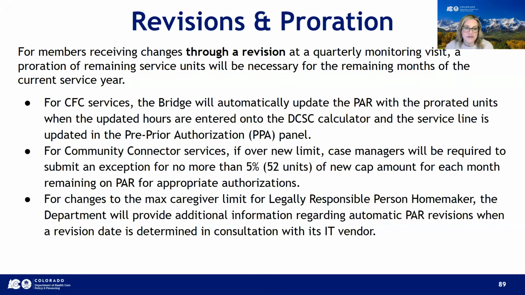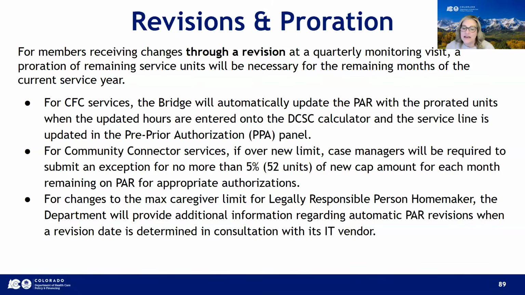All right, so revisions and proration, we've talked a few times about this. So I'm not going to go in too deep with examples, but you need to remember that there is this proration. So when you're entering into the PAR in the bridge for CFC services, it's going to be calculating what you have left in your service plan year for that new DCSC and the new service authorization.